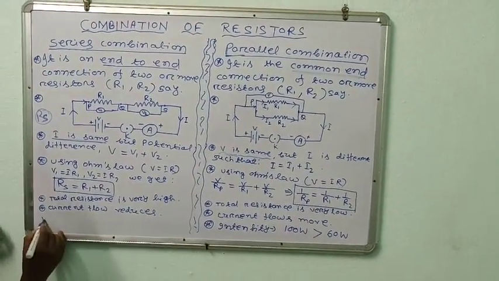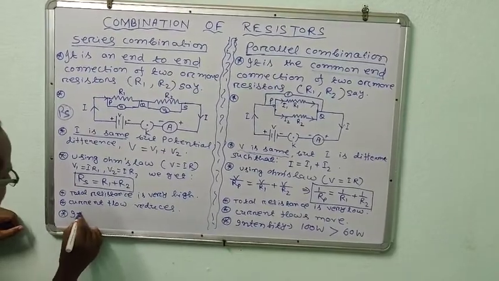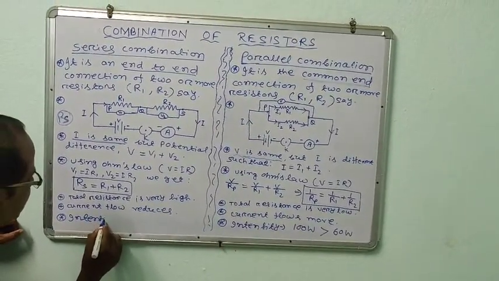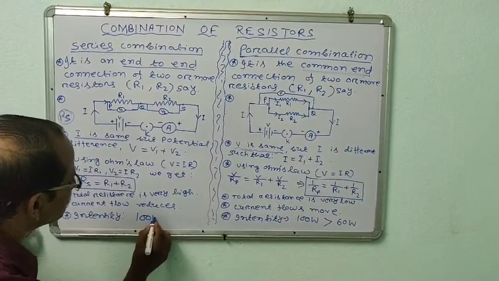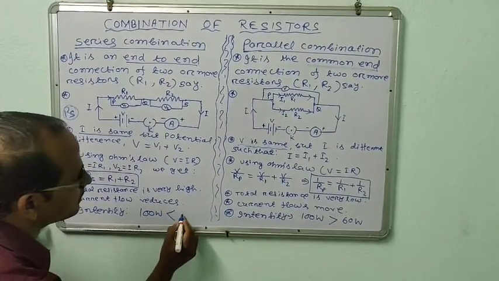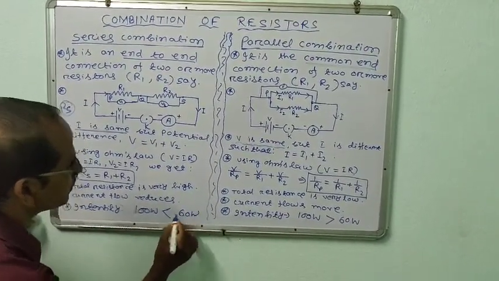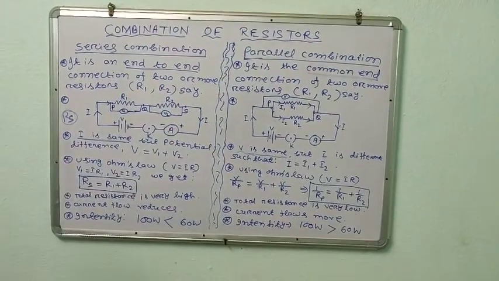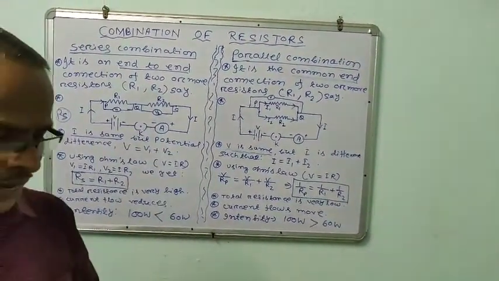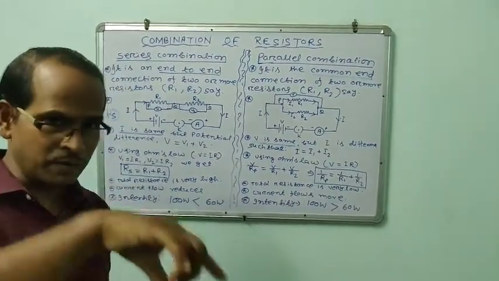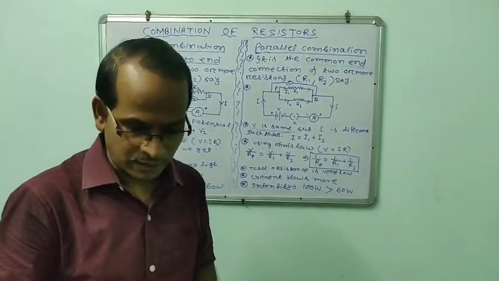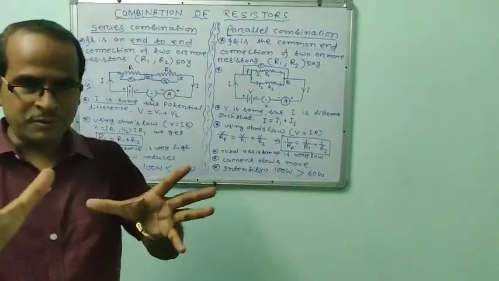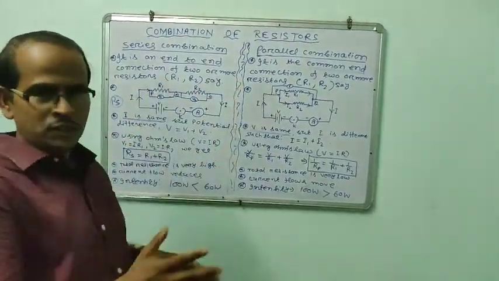But so far as the intensity in series is concerned, a 100 watt bulb is less bright than a 60 watt bulb. And the major drawback in series is that if any of the bulbs is removed or defective, then it will not function at all.